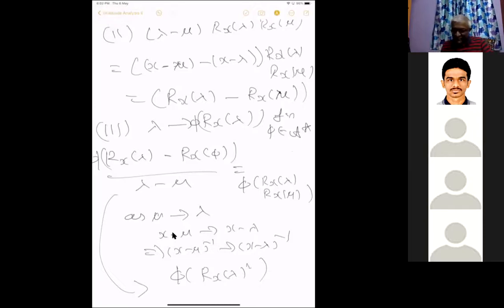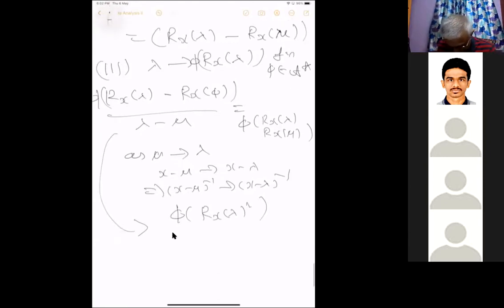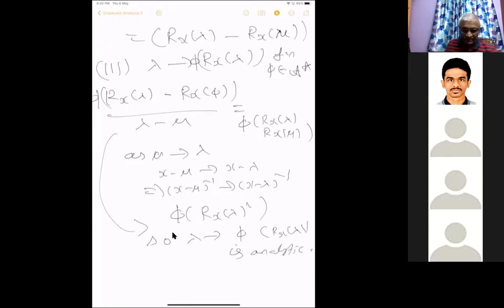Yes, this is equal to phi of Rx lambda squared. So the limit exists. Okay, that's what we want to do. So lambda going to phi of Rx lambda is differentiable, so it's analytic as a complex function.